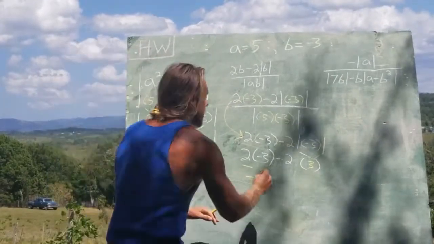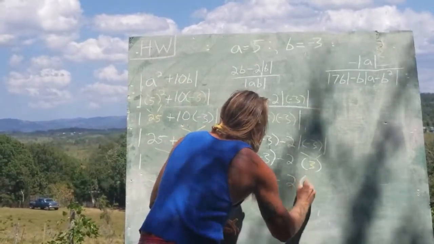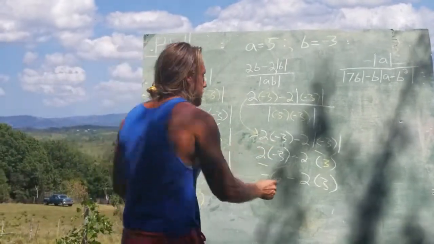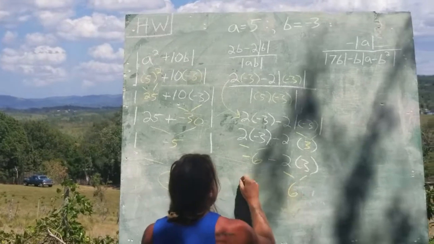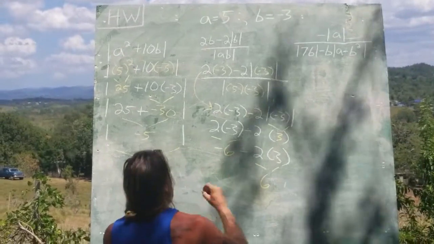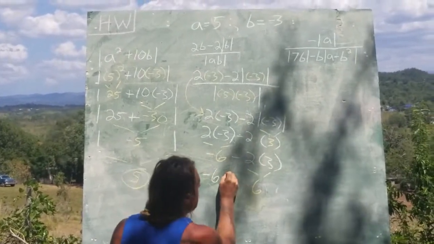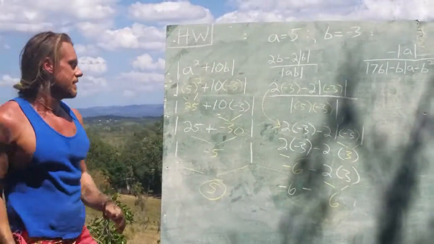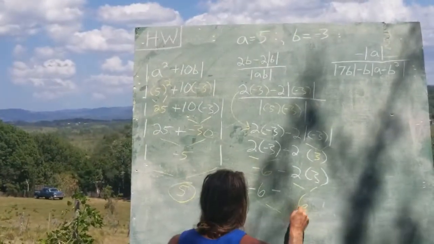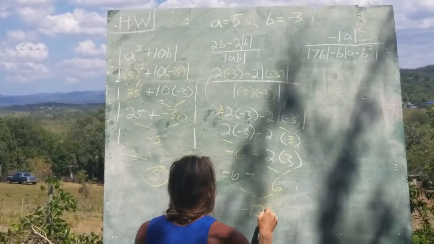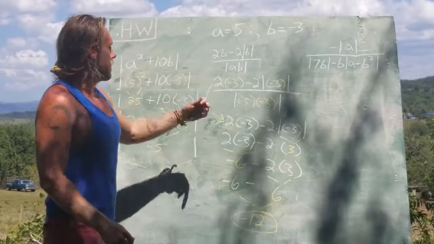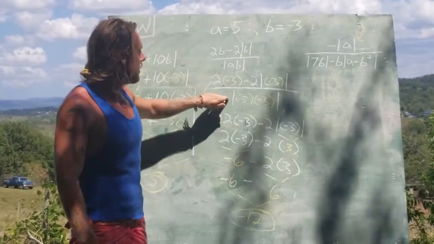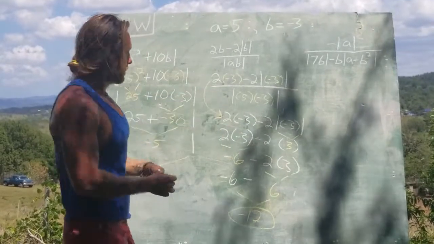And then we minus a 2 times a 3. Next thing we do, take 2 times 3, positive 6. Negative 6 minus a 6. Negative 6 minus another 6 is a negative 12. Okay, so that simplifies to negative 12 for the numerator, but now we have to look at our denominator.